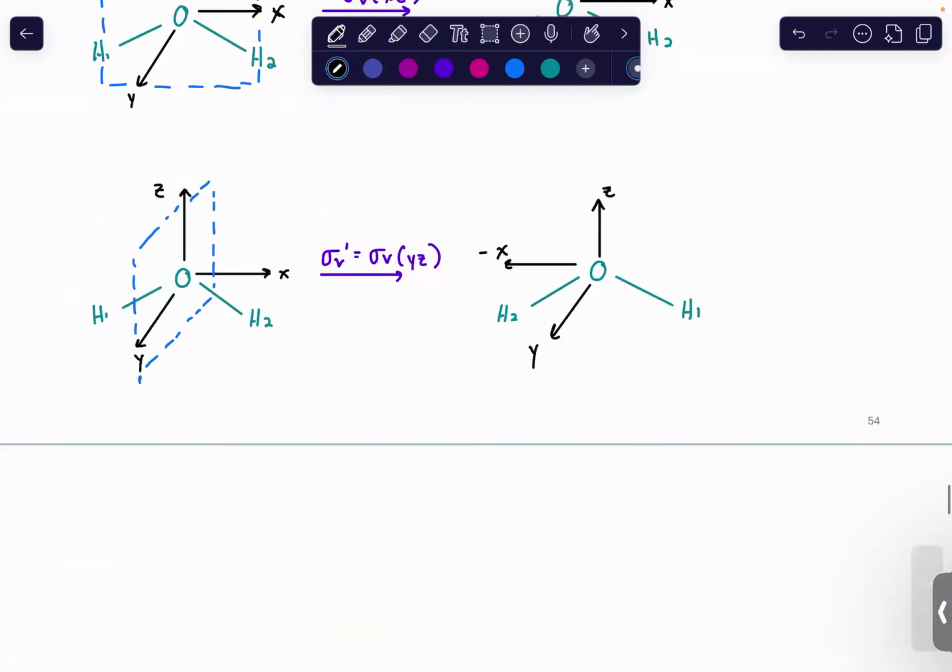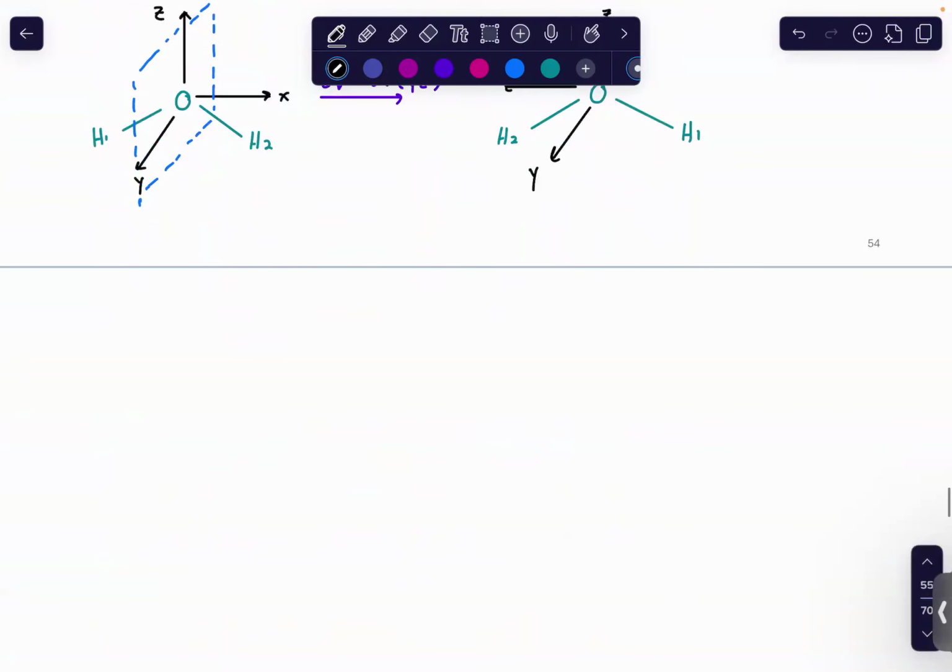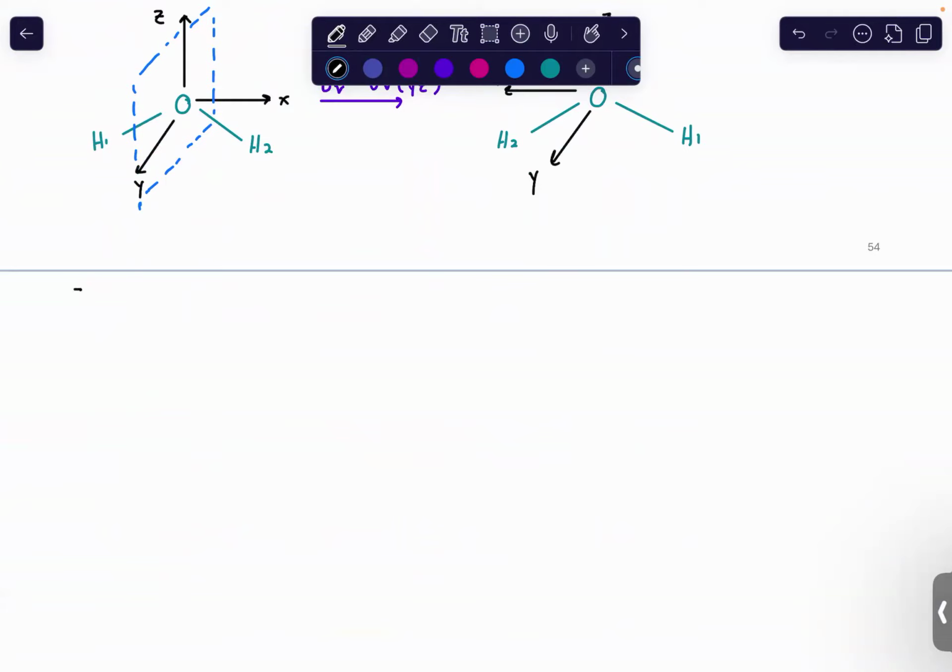The way we're going to look at a matrix, let me just do the identity matrix real quick. This is your identity matrix. We have ones down the diagonal, and zeros everywhere else.